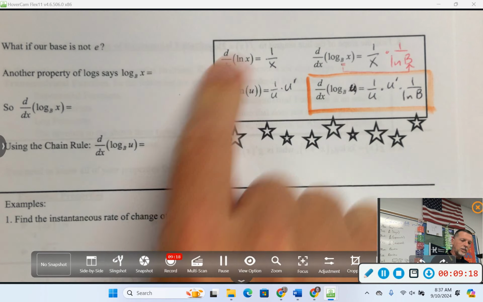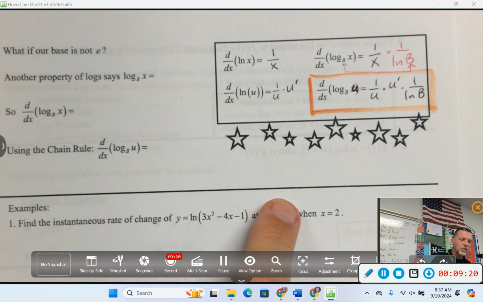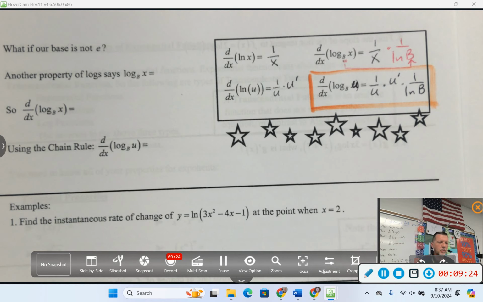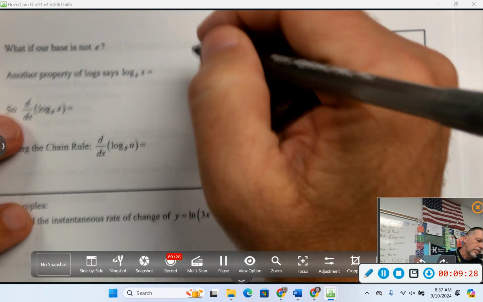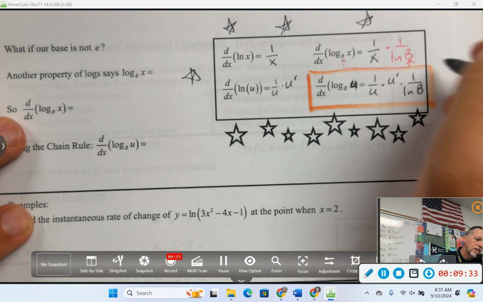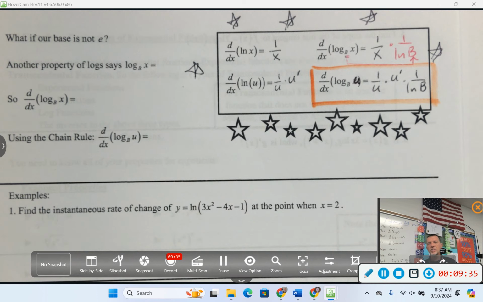So you don't memorize 4 things. You remember one thing and know that it simplifies depending on the problem. So that box, especially that orange box, deserves all the stars and colors that you got. That's what we have to know for today.